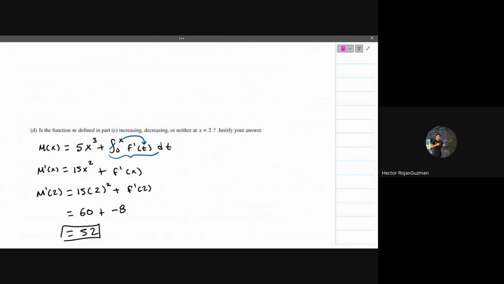That already tells me that the function is increasing, but just to make sure, we're also going to go ahead and take the second derivative. M double prime of x is equal to 30x plus f double prime of x. And we're going to, again, plug in the 2.